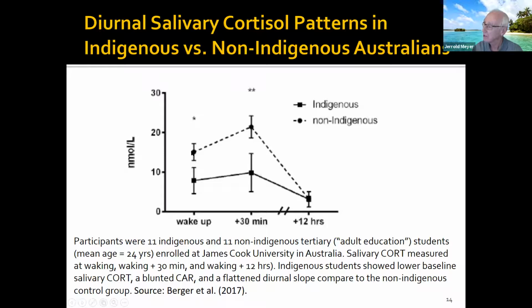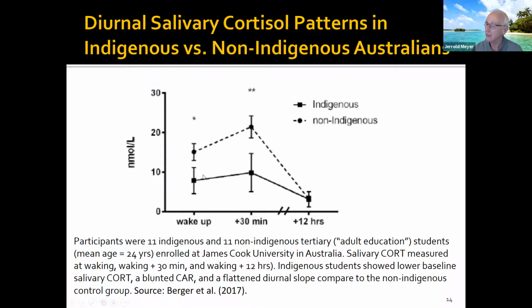And then the slope, if you mentally draw the line between here and here and here and here, you can easily see there's a big difference there. The way I think about it, we call it the slope, but it's really the amplitude of the rhythm from waking to late day.